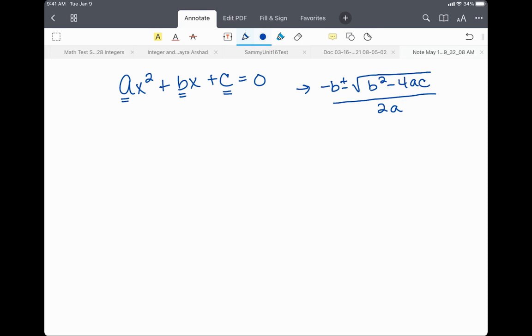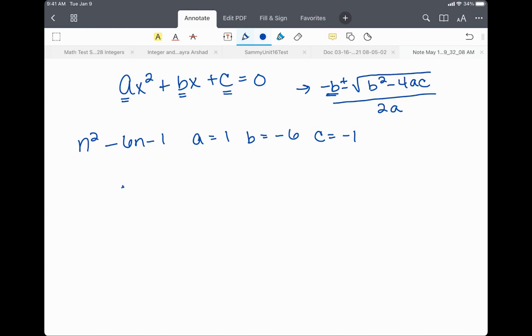So for the first one, on number 10, you have n squared minus 6n minus 1. So a is 1, b is negative 6, and c is negative 1. So then you have to put it into the formula. So you take the opposite. So this is negative b, and b is actually negative 6.